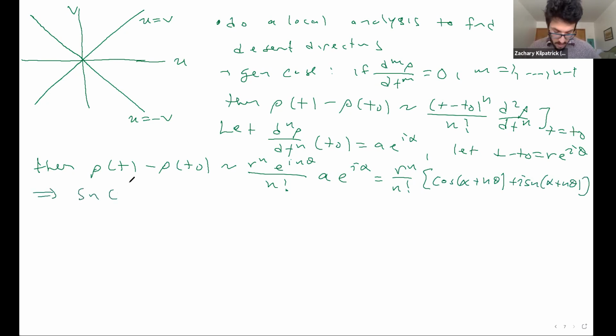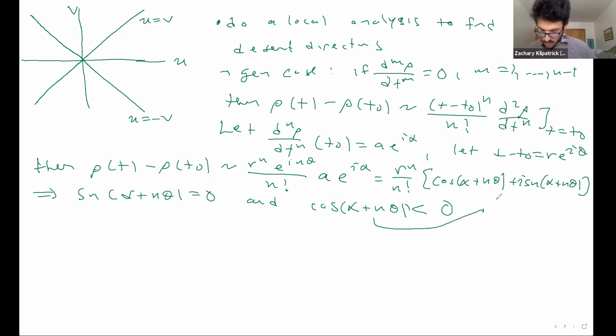So sine of alpha plus n theta is equal to 0, and cosine of alpha plus n theta is less than 0. And so these are going to be our steepest descent directions.